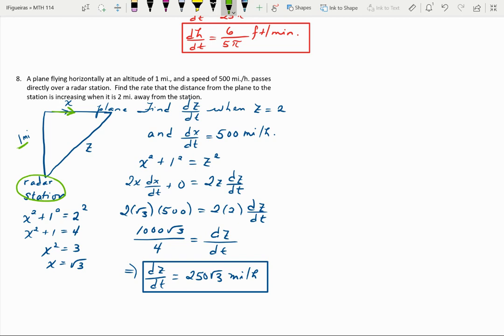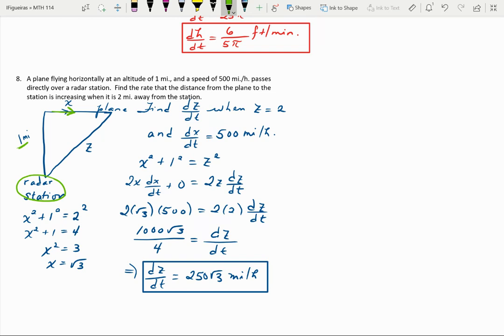So if we were to translate, again, the words using the picture and the variables that I'm using, that means I want to find dz/dt when z is exactly 2 miles. And given that dx/dt is 500 miles per hour. Remember, that's how fast the plane is moving.